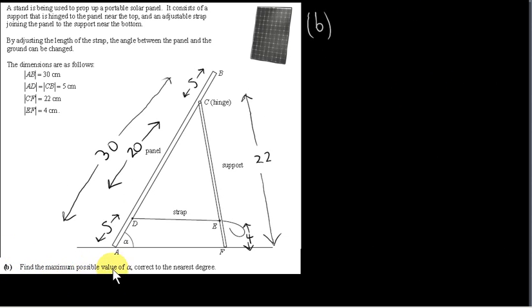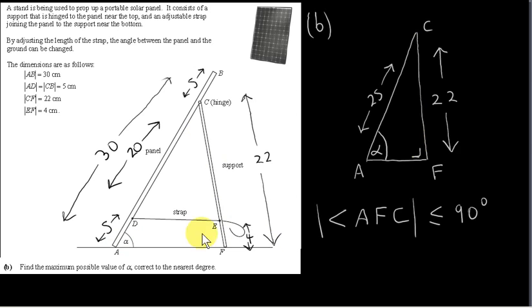Find the maximum possible value of alpha, correct to the nearest degree. So we can move this strap in and out through the hole here at E, and we can vary this angle alpha. Now, we can imagine the support being perpendicular to the ground. So here's the support. It should be clear that angle AFC, which is this angle here, has to be less than or equal to 90 degrees.